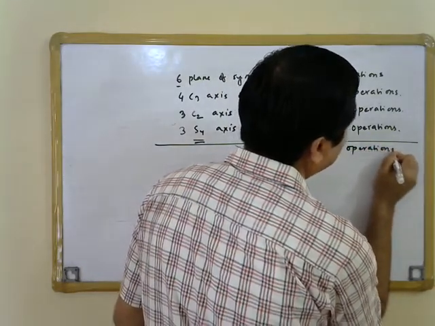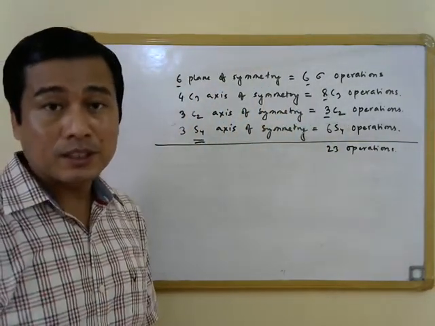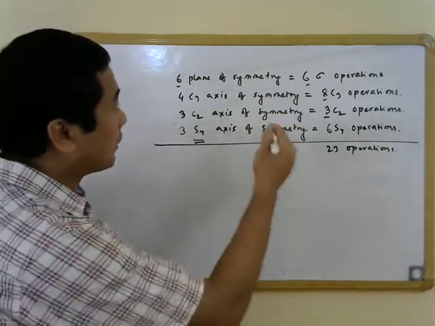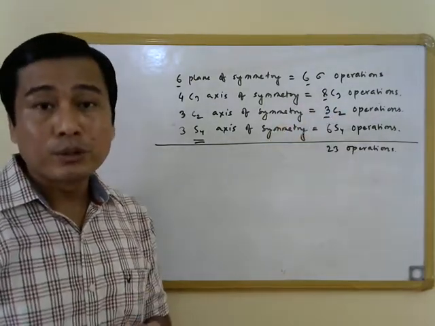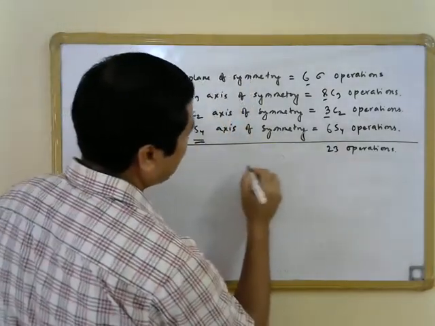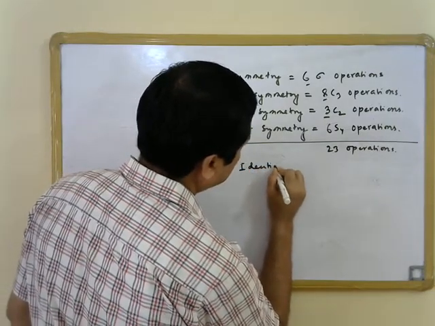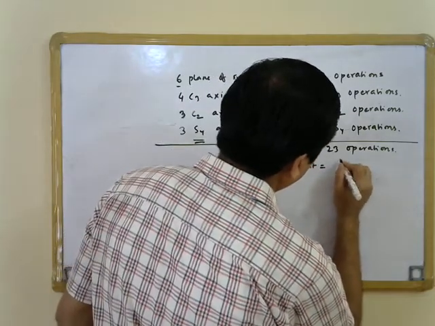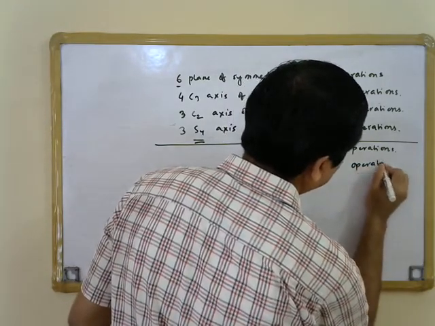And now we have to add another operation to this, because the identity operation is always present in any molecule. The identity element is always present, because we have seen in several of these cases that these symmetry elements also produced the identity operation. That is why, along with these 23 symmetry operations, we have to add the identity element, one identity operation essentially.